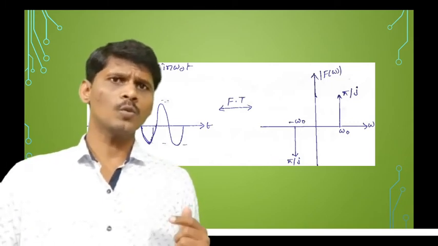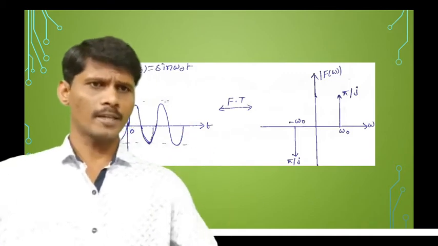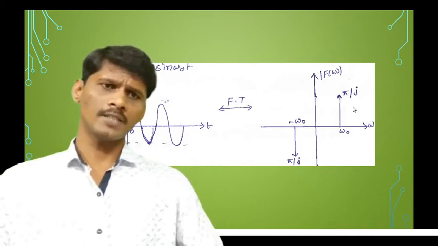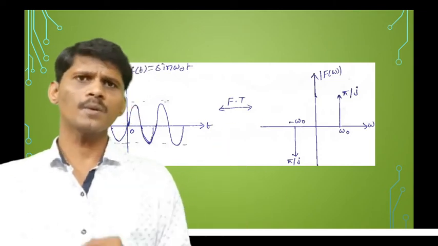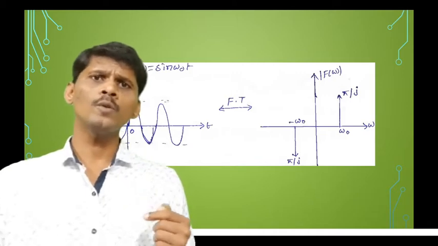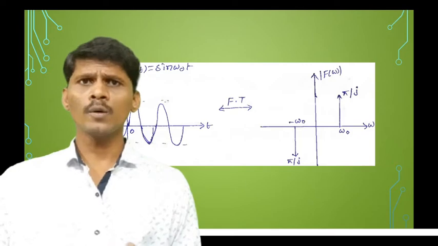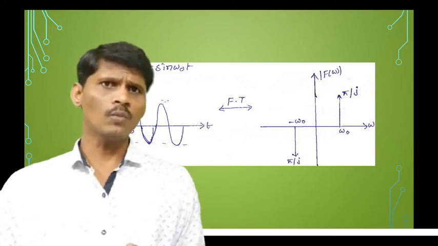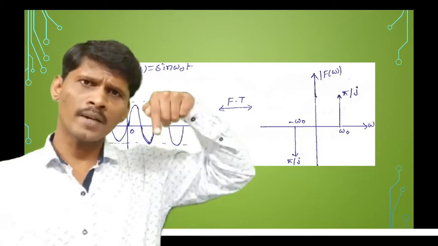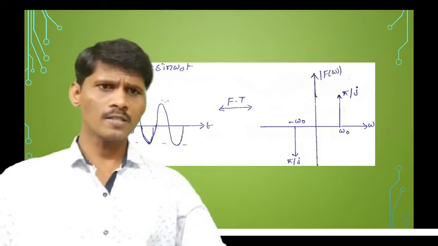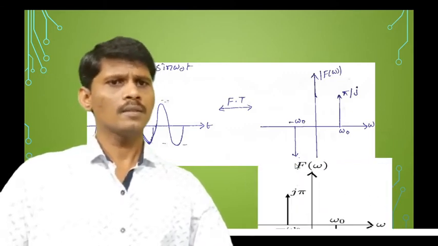At omega is equal to omega naught the magnitude is plus pi by j. Because of that, the impulse function is drawn in the upward direction. So this is plus pi by j. And what is the second term? Del of omega plus omega naught. The impulse function exists at omega is equal to minus omega naught. At minus omega naught, what is the magnitude value? Minus pi by j, that is the negative value. So because of that, the impulse function is drawn in the downward direction. So this is minus pi by j.